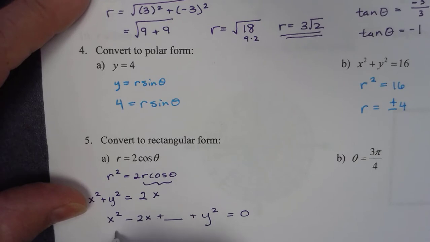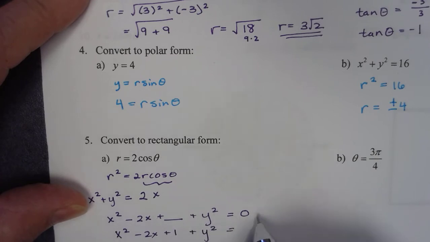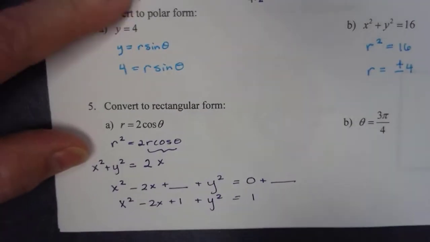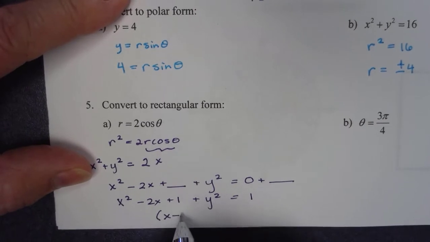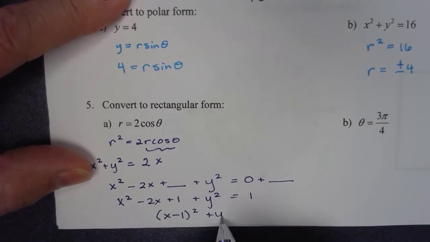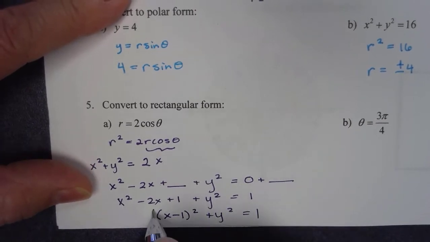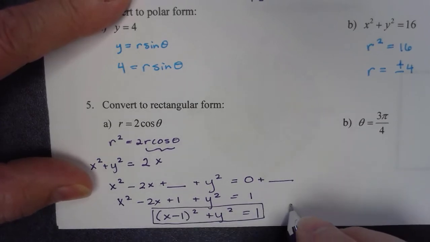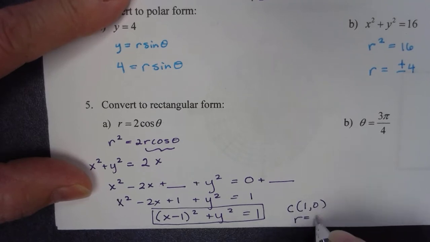Well, I can write this as x squared minus 2x plus 1 plus y squared equals, well, if I added 1 to the left side, I have to add 1 to the right side. And we get x minus 1, the quantity squared, plus y squared equals 1. There is my rectangular form. We can see that this is going to be a circle centered at (1, 0) with radius equal to 1.